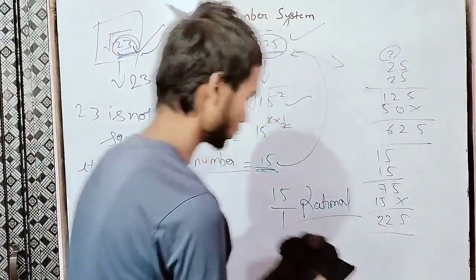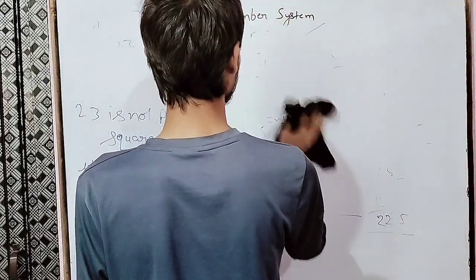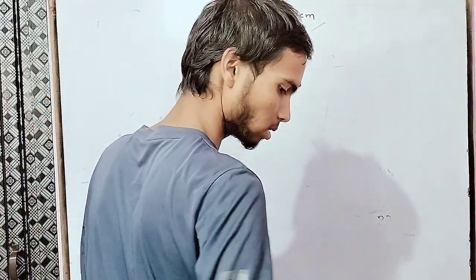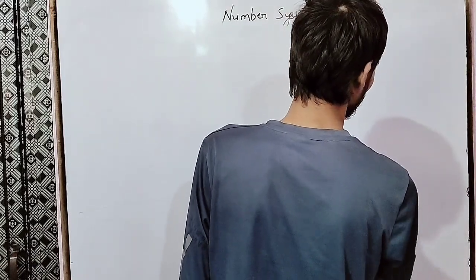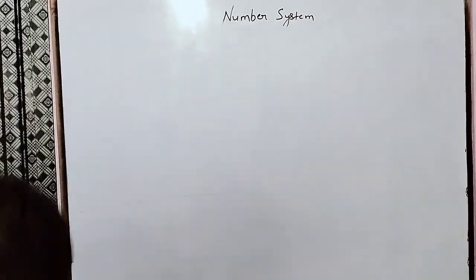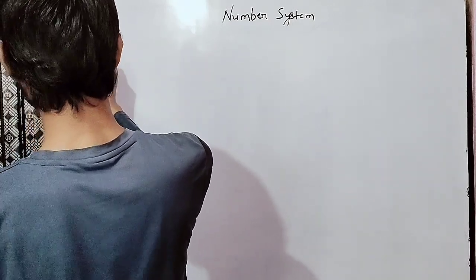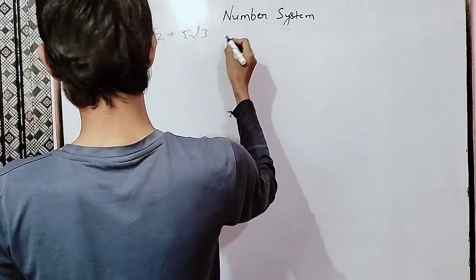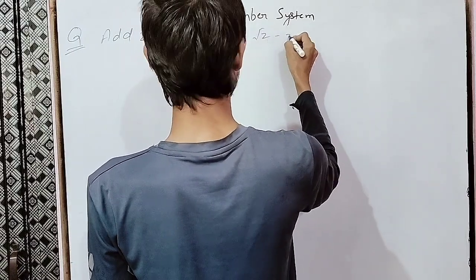Now something else based on this. For example, add 2 plus 5 root 3 and root 2 plus root 3.